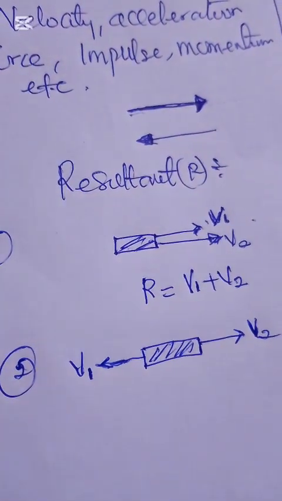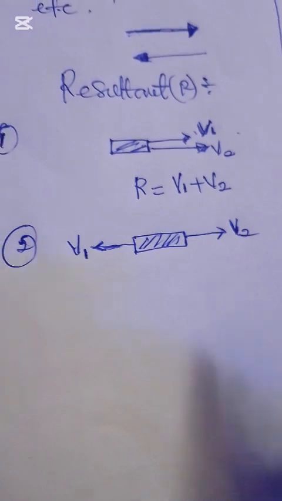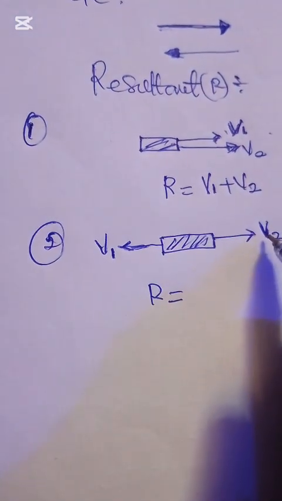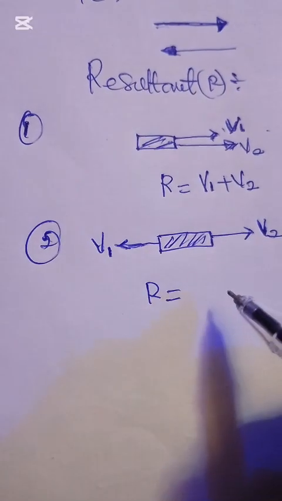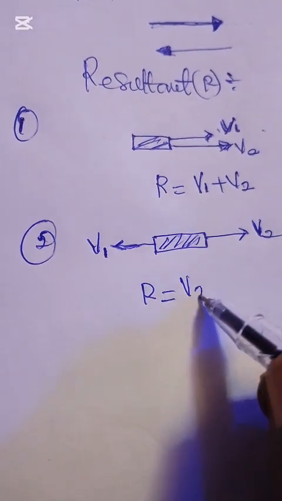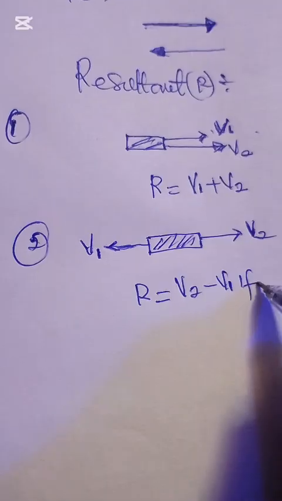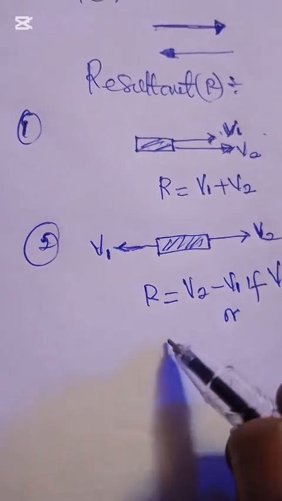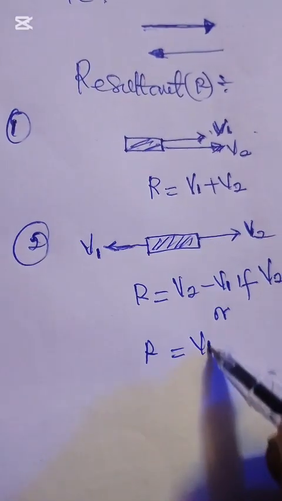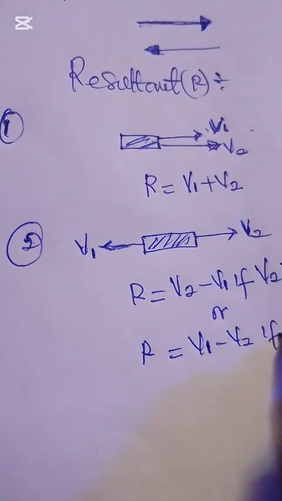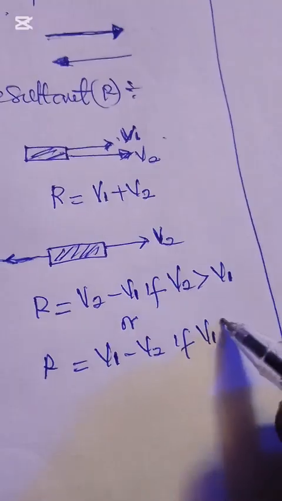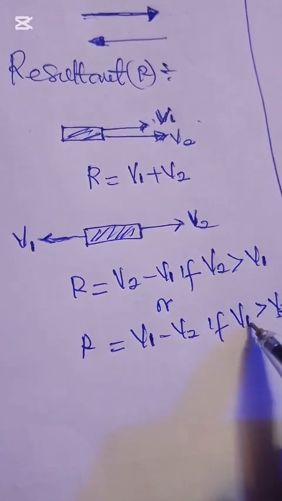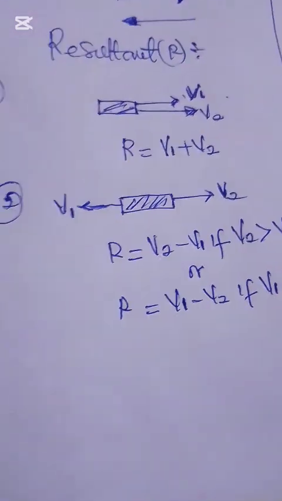Whenever they are moving in opposite directions, the resultant of these vectors will simply be the difference between the one with the higher magnitude and the one with the lower magnitude, which gives you v2 minus v1 if v2 is greater than v1. Or you can say the resultant is equal to v1 minus v2 if v1 is greater than v2. So you are subtracting the smaller vector from the larger vector.